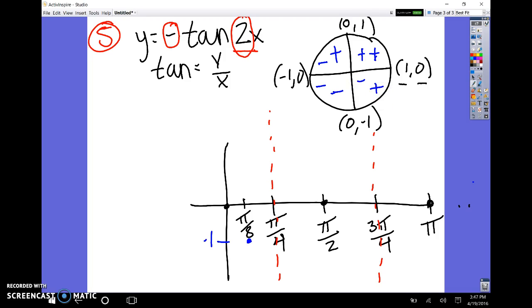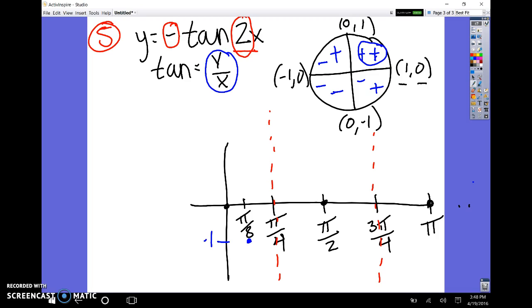Now, using this information and going back to my original tangent function, I know that tangent is y over x, and I know that in quadrant 1, both y and x are positive. What do I expect the function tangent to be? Well, I expect it to be positive. If both of its parts are positive, I would think the function overall would be positive.